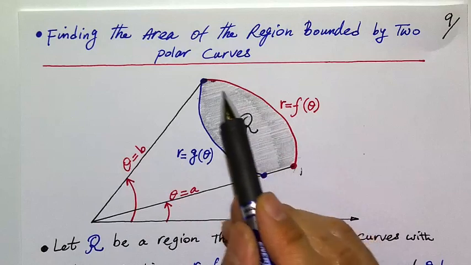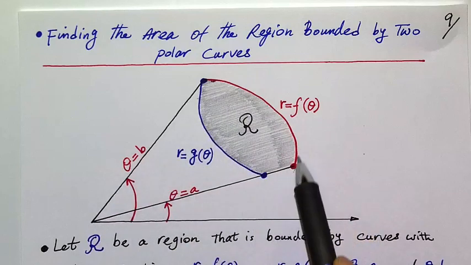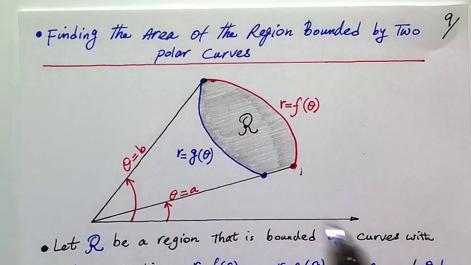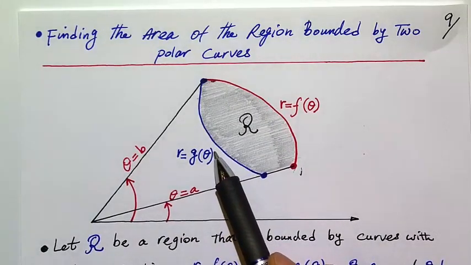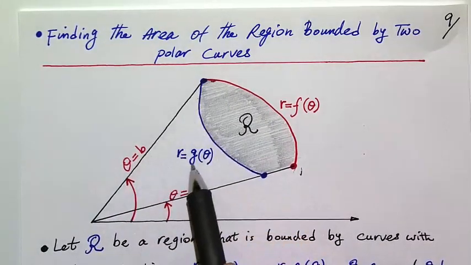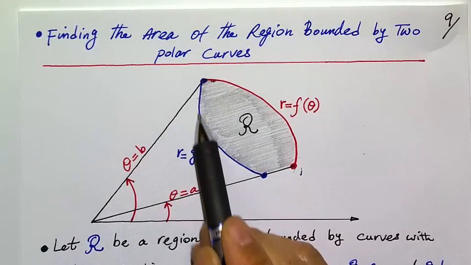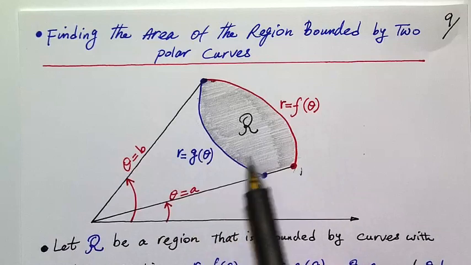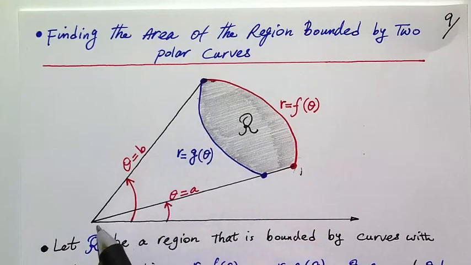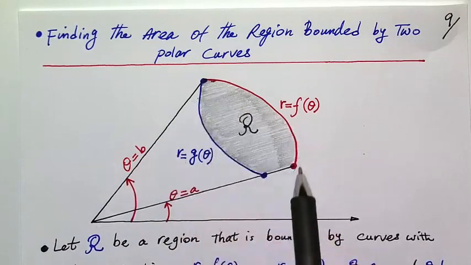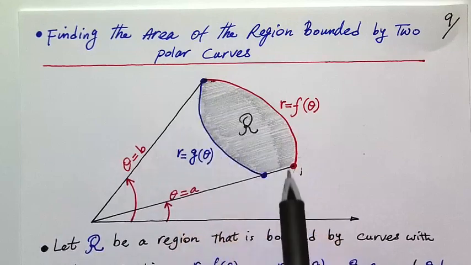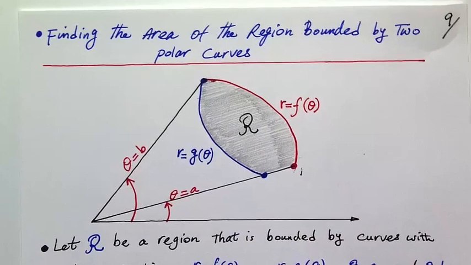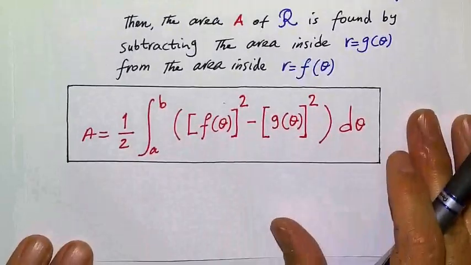Using the method that we've discussed so far, we can calculate that entire area. And then applying that same formula to g of theta, we'll get the area of this cone. All we have to do is subtract the area of this cone from the larger cone, and we get the area of the shaded region. Okay, so that's the idea behind this formula.